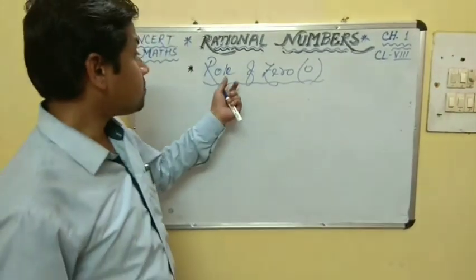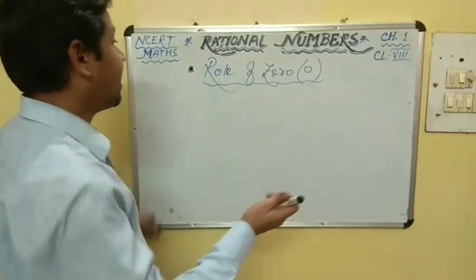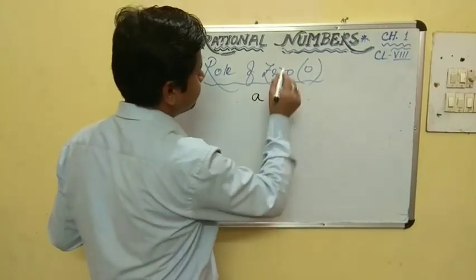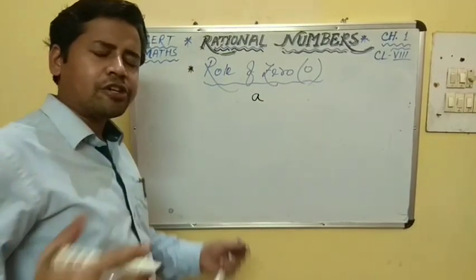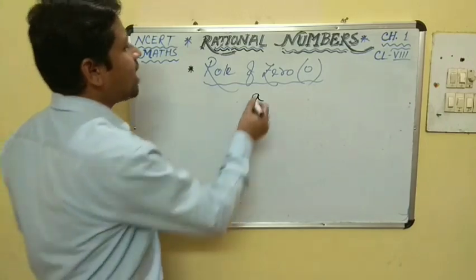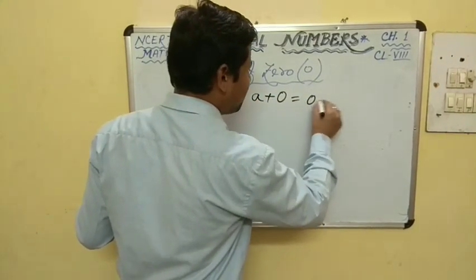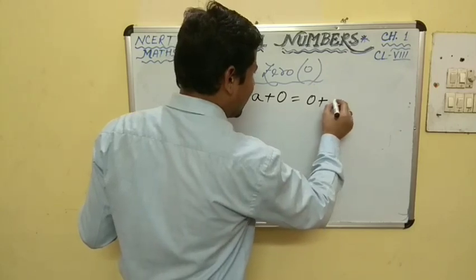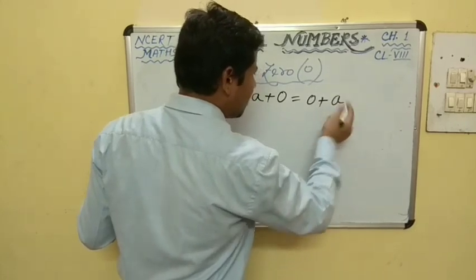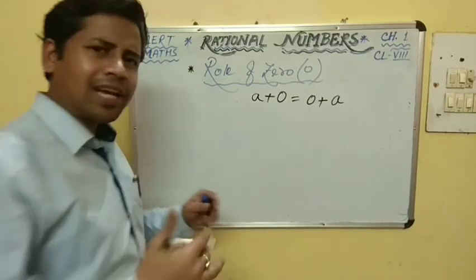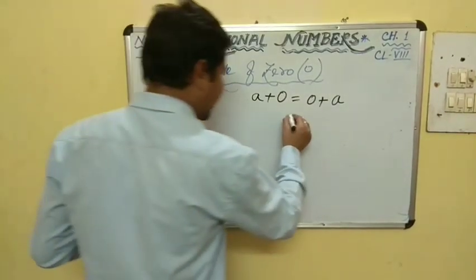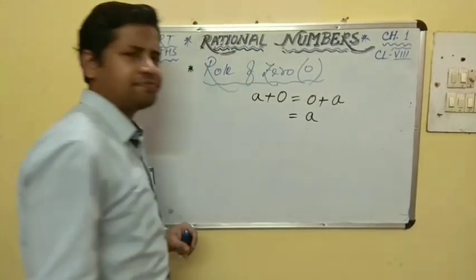if we take any rational number, suppose a, and if we add this 0, or if we add these rational numbers to 0, in both cases we see that the result is nothing but a itself.